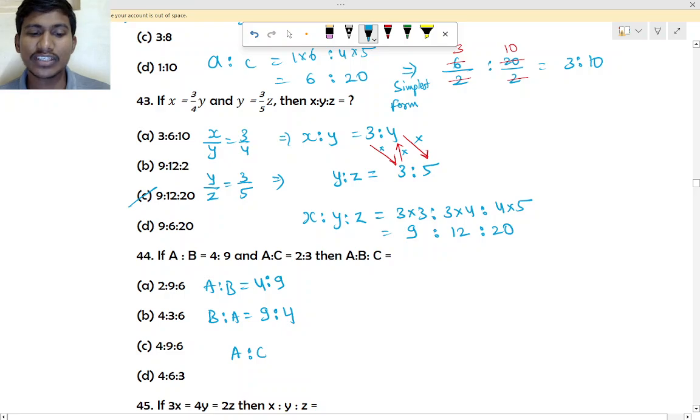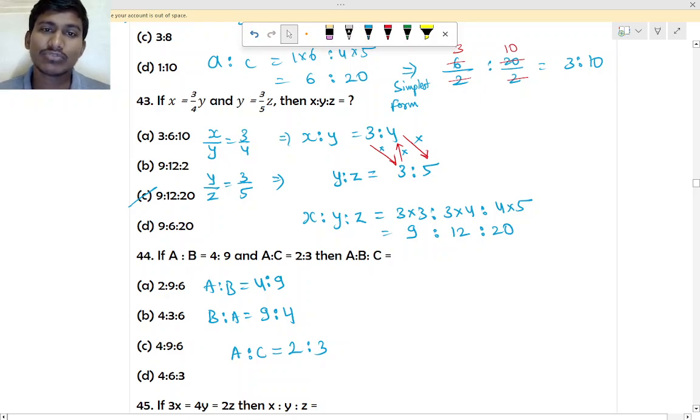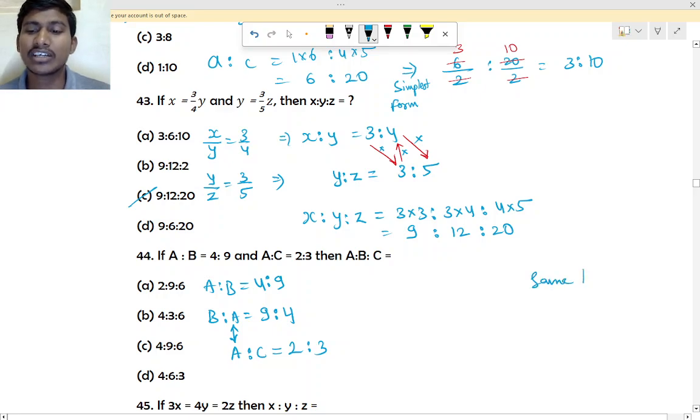C is how much? Sir, why did you take 2 is to 3? 2 is to 3, because I told you, which is same, that we have to write in the middle. Which is same here? A is same, we have to write that in middle. Okay? Same term we have to write in middle. Okay, understand? So that is why I took it reverse.